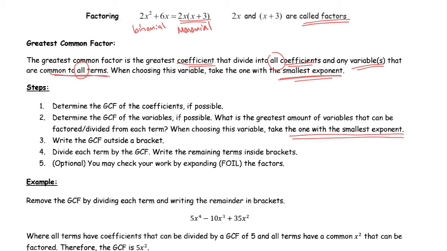We write that outside a bracket. Then inside the bracket, we take every term we were just looking at and divide it by that greatest common factor. So when we write it out front, this is writing it out as multiplied through.